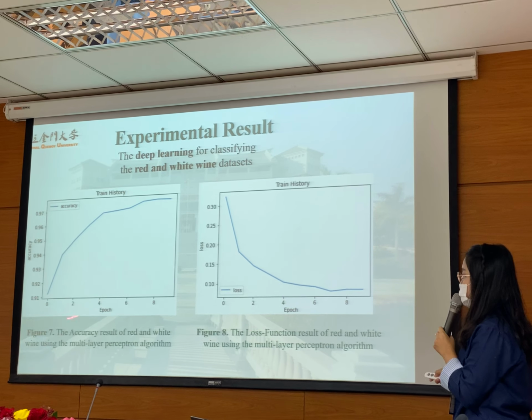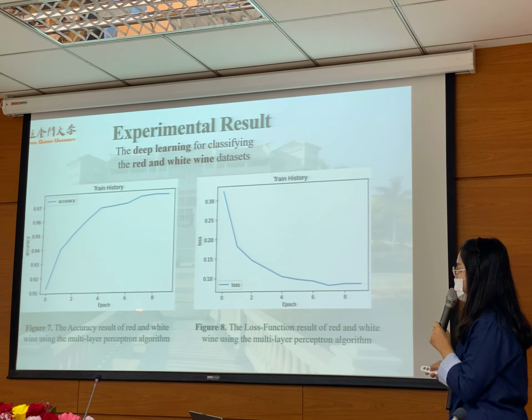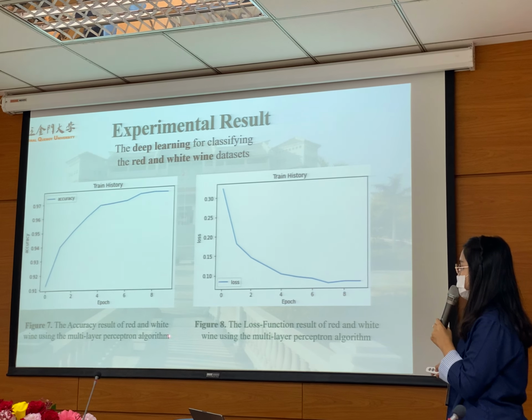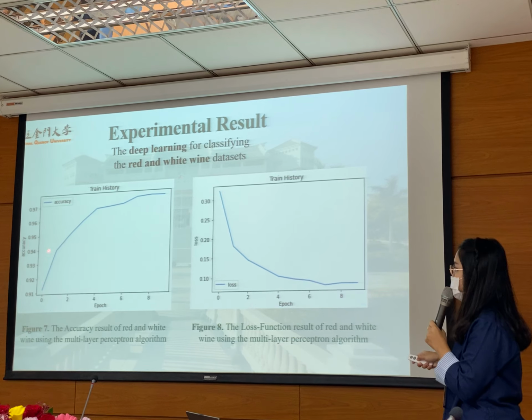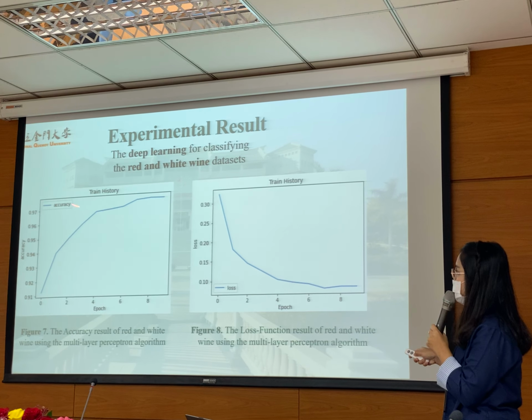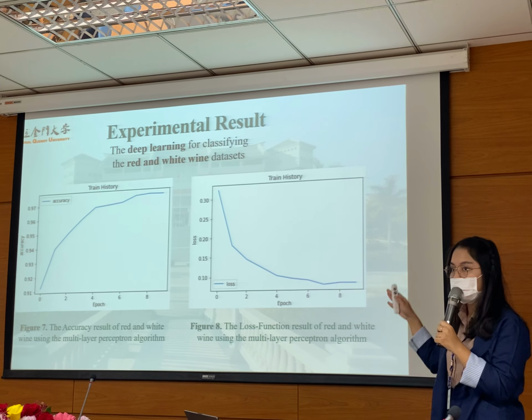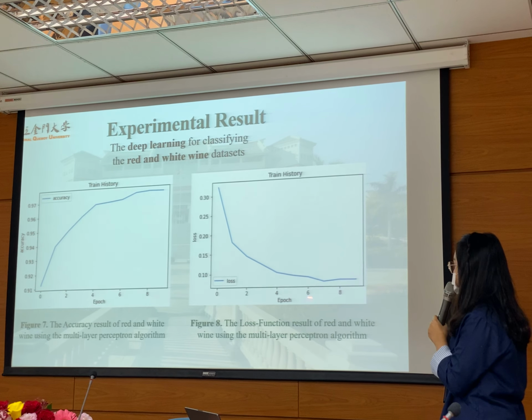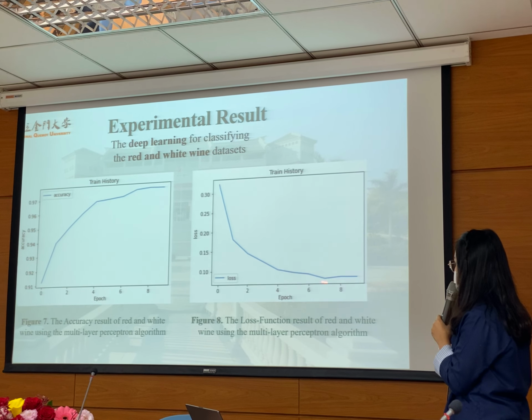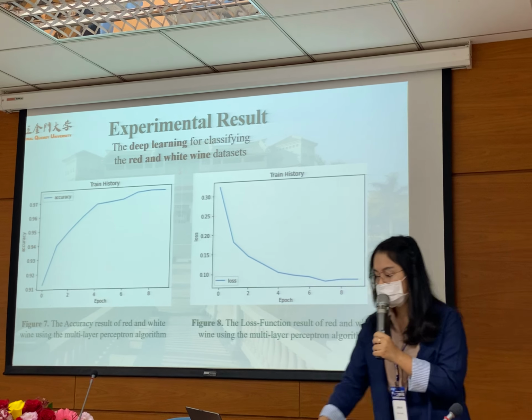Here is the accuracy result of red and white wine using the multi-layer perceptron algorithm. We can see the algorithm really has higher accuracy, and the loss function is also much lower. What does that mean?